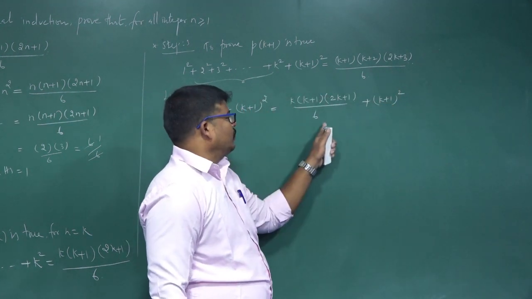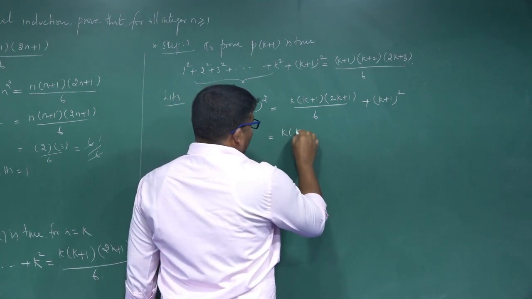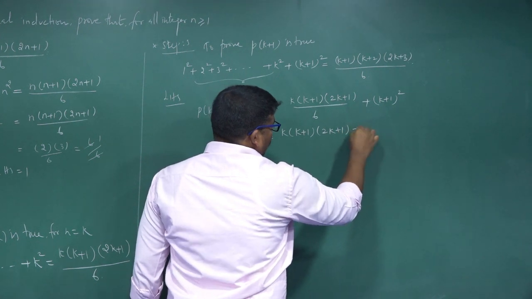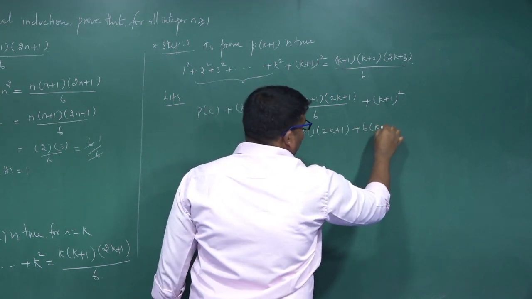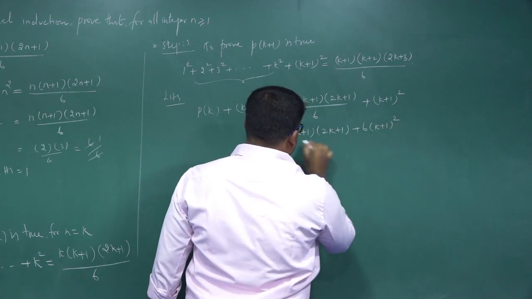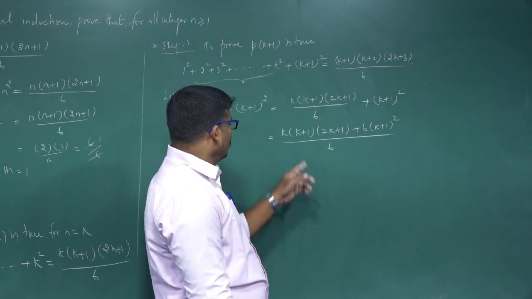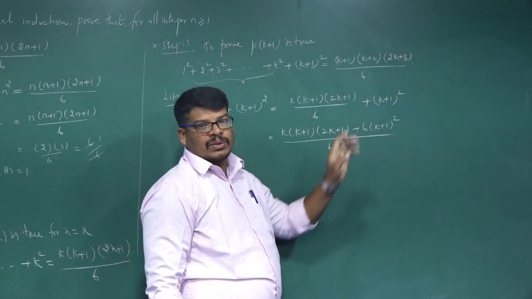Taking LCM and cross multiplying: k into k plus 1 into 2k plus 1 plus 6 times (k plus 1) whole square, all divided by 6. That is k into (k plus 1) into (2k plus 1) plus 6 times (k plus 1) whole square.